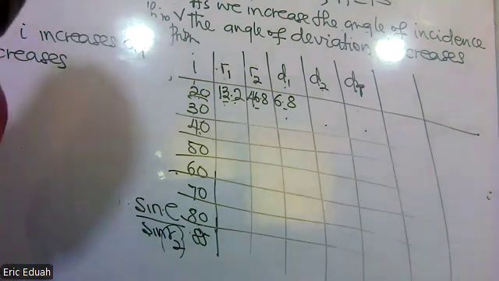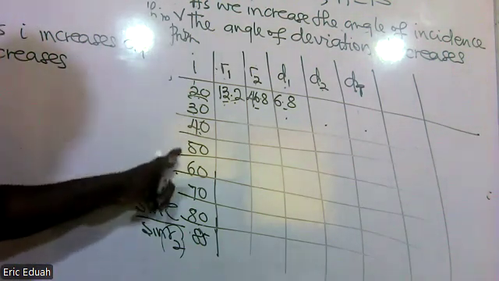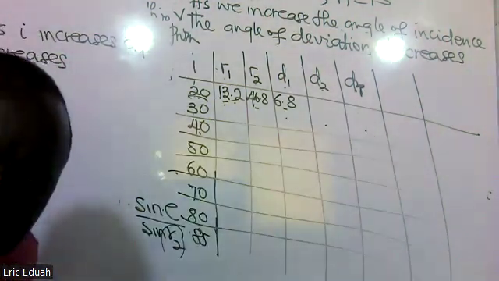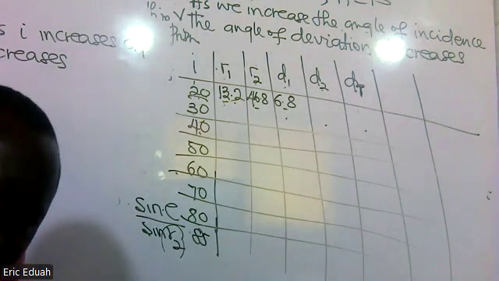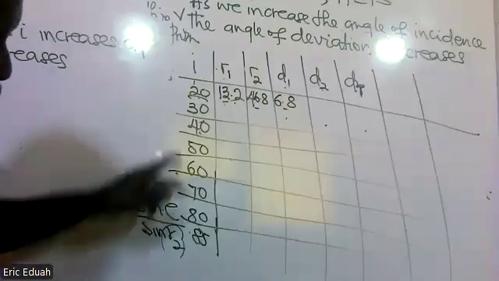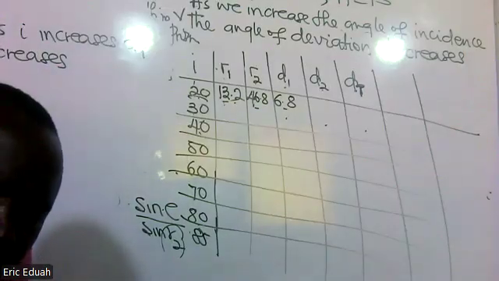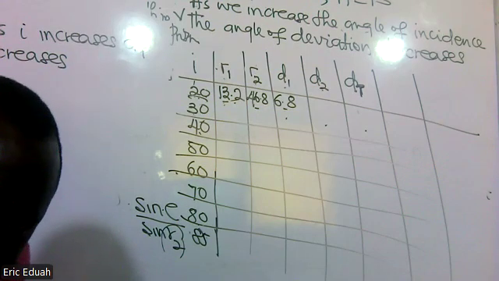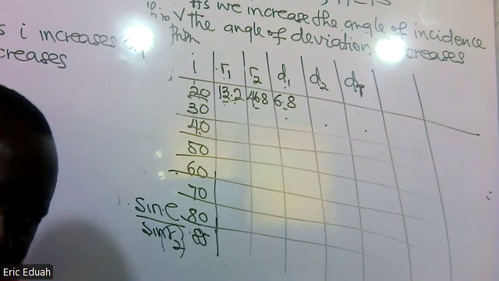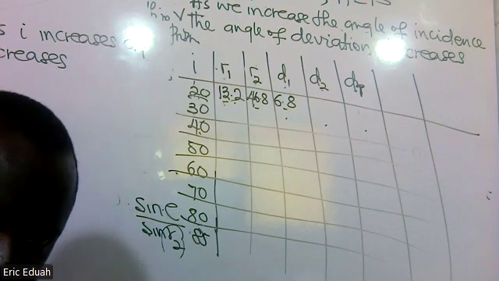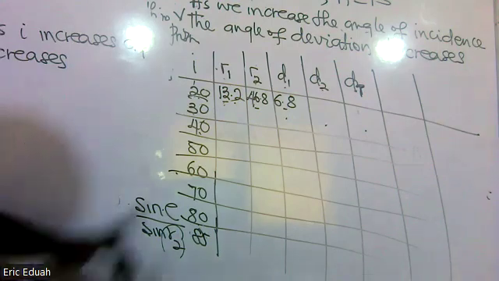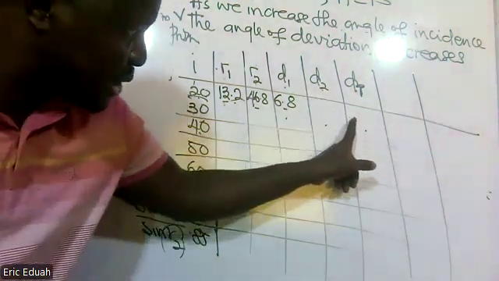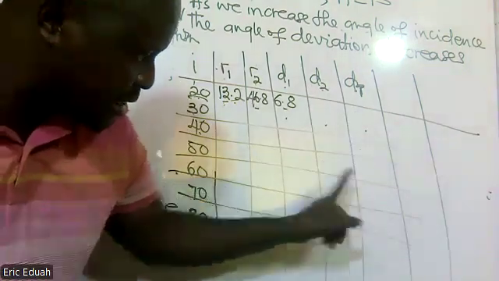But it will decrease as you increase this, D total will decrease to a certain point. A certain angle of incidence would give you what we call the minimum deviation or the least deviation. Why minimum or least? As we increase I, D total also decreases.